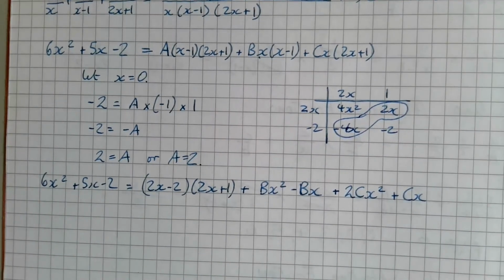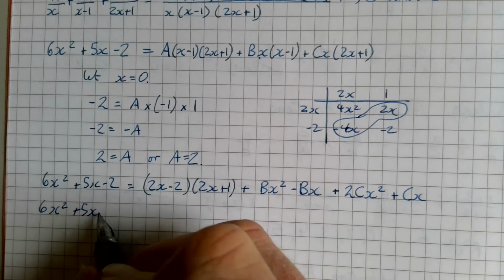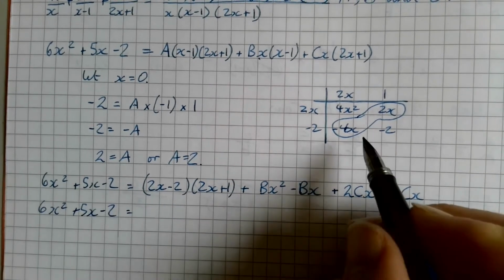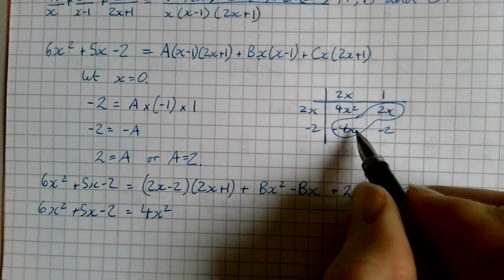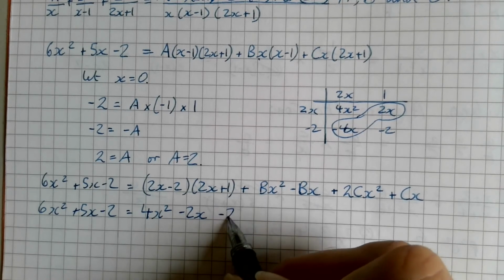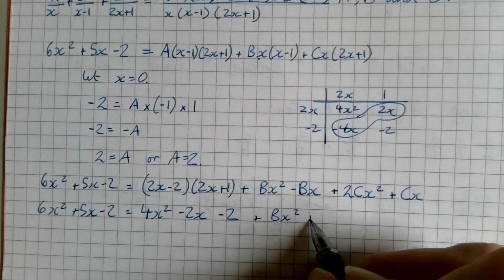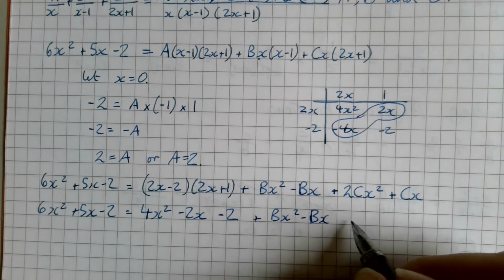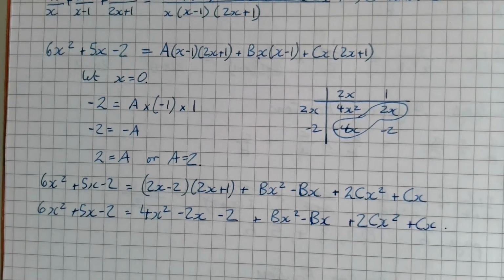Sum those together. Just bear with me for a moment. It's going to give me 4x squared, take 2x, take 2. And I've got my other stuff here, minus bx plus 2cx squared plus cx.